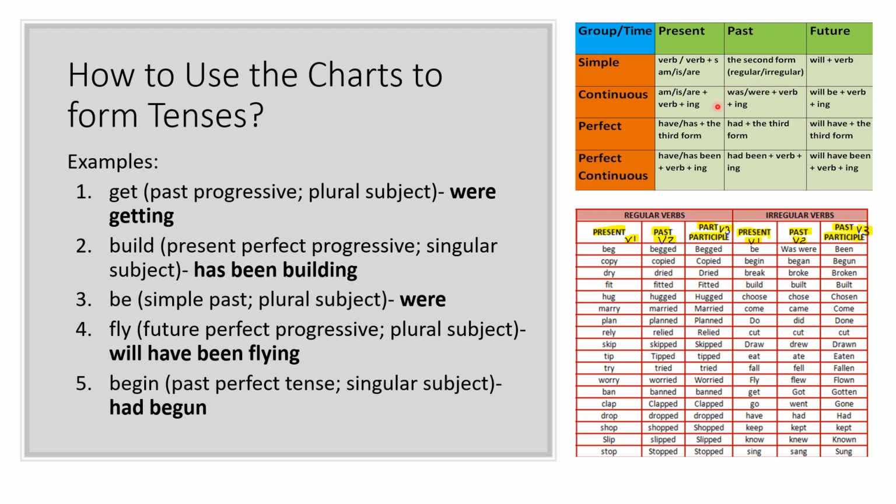This is the formula that you need to use to structure the past progressive form of the verb get. Does the formula instruct you to use the second or the third form of the verb? No, not at all. So you don't need to use this chart.